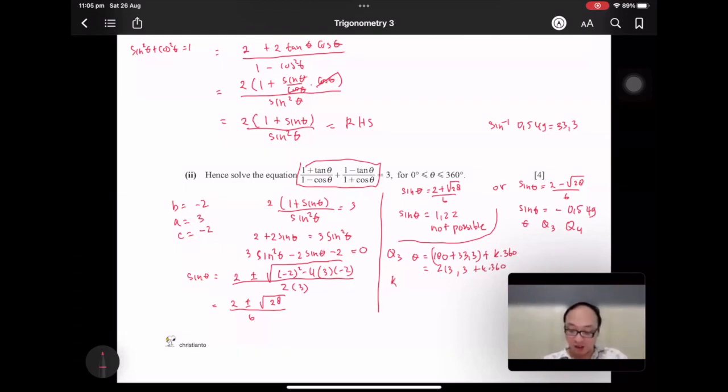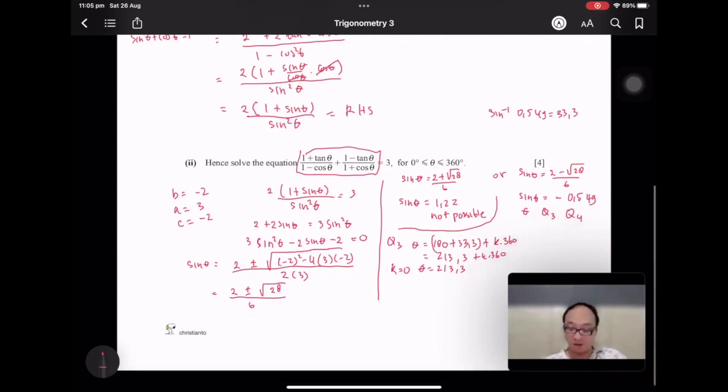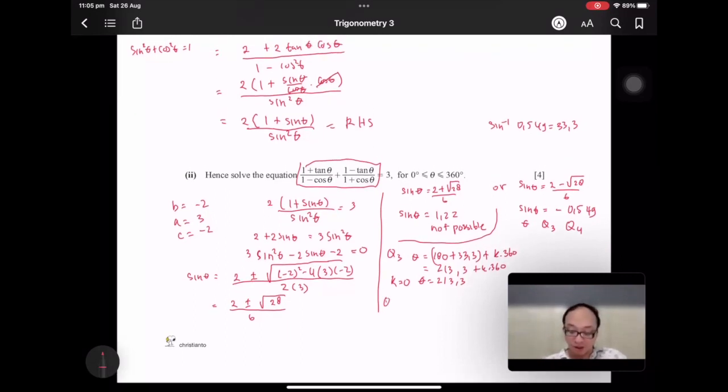And since k equals 0, the theta will be 213.3 without any period values. For the fourth quadrant, the theta should be 360 minus this value, 33.3, plus k times 360, which is 326.7 plus k times 360.